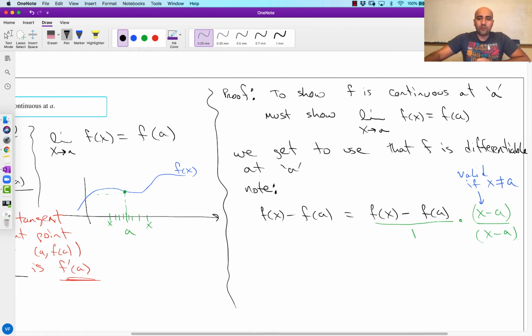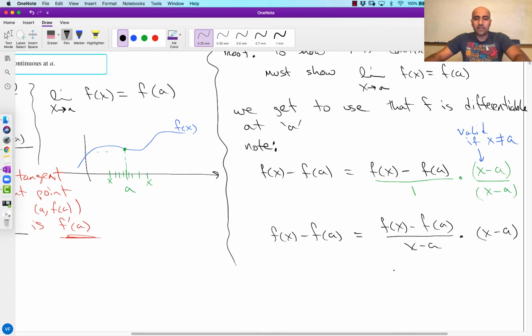Okay, so then we can rewrite that a little bit and say that f of x minus f of a is equal to f of x minus f of a all over x minus a times x minus a. So I just tuck this underneath here. Good. Okay, so now we're going to take a limit.